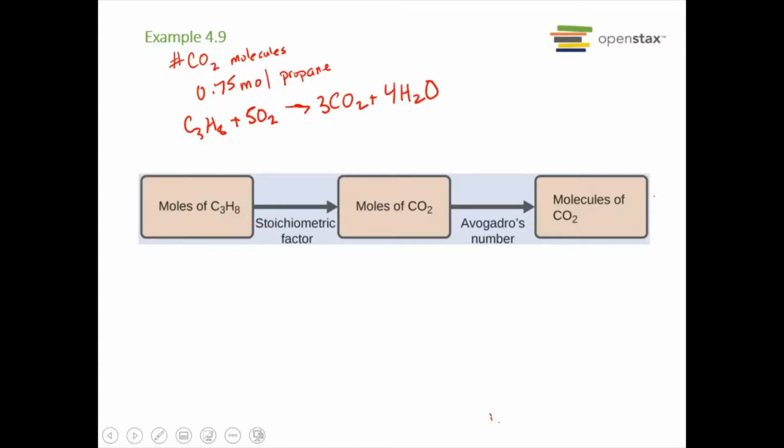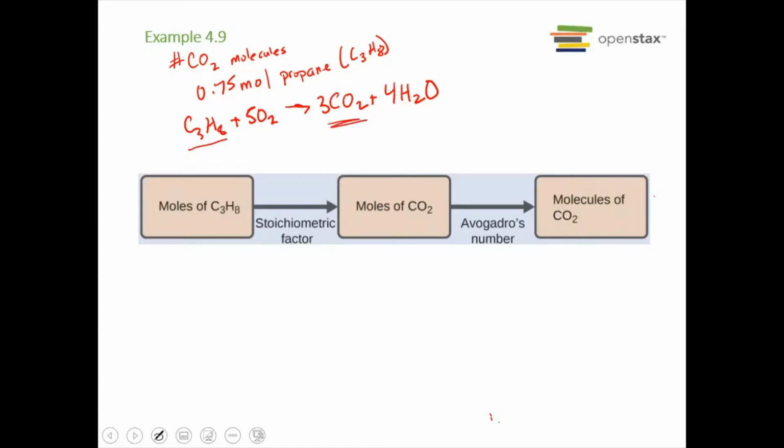Okay, so we are given 0.75 moles of propane, which is C3H8. And we want to know how many molecules of carbon dioxide are made. So we can use our balanced reaction. Using the stoichiometry, we can go from moles of propane to moles of carbon dioxide.